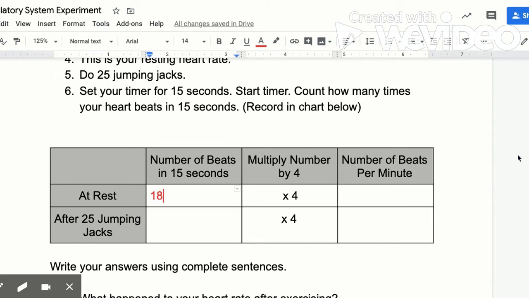I don't care if you use a calculator. So for me, I'm going to take 18 times 4, and I get 72. So where it says beats per minute, I'm going to put 72. You're going to go through this same process again after you do the 25 jumping jacks. You're going to count the number of beats in 15 seconds, and then you will multiply it by 4 to get your beats per minute.